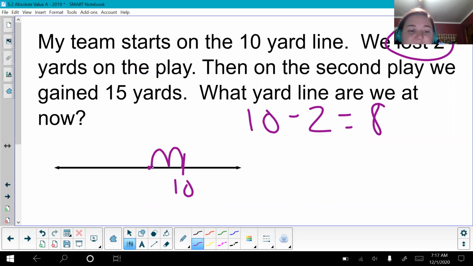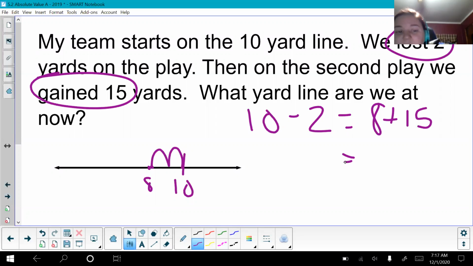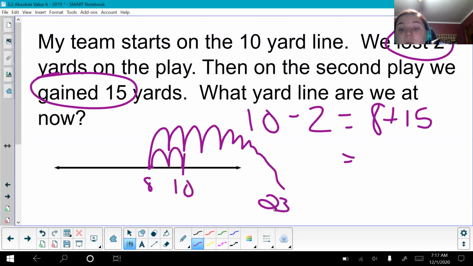So now we're here at 8 yards. Then on the second play, we gained 15 yards. So if I add 15 to that, I would go 1, 2, 3, 4, 5, and I end up at 23 yards. So what yard line are we at now? We're at 23 yards.